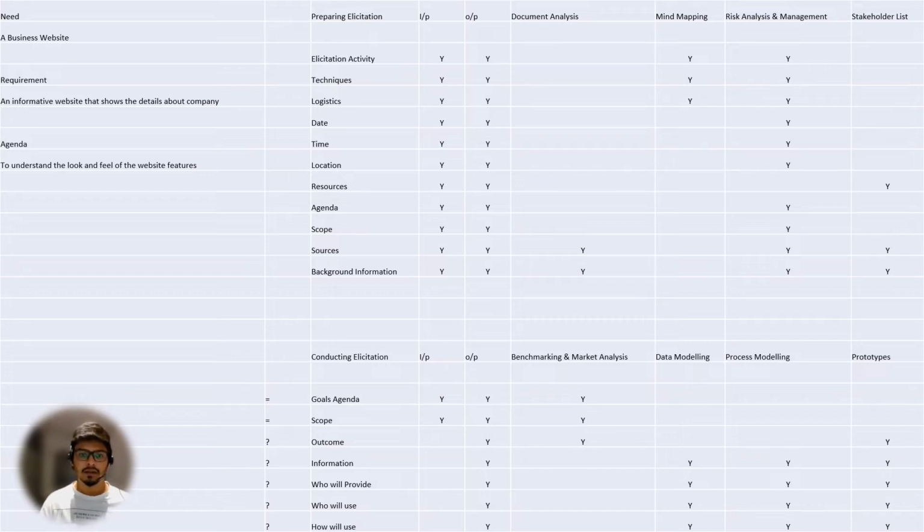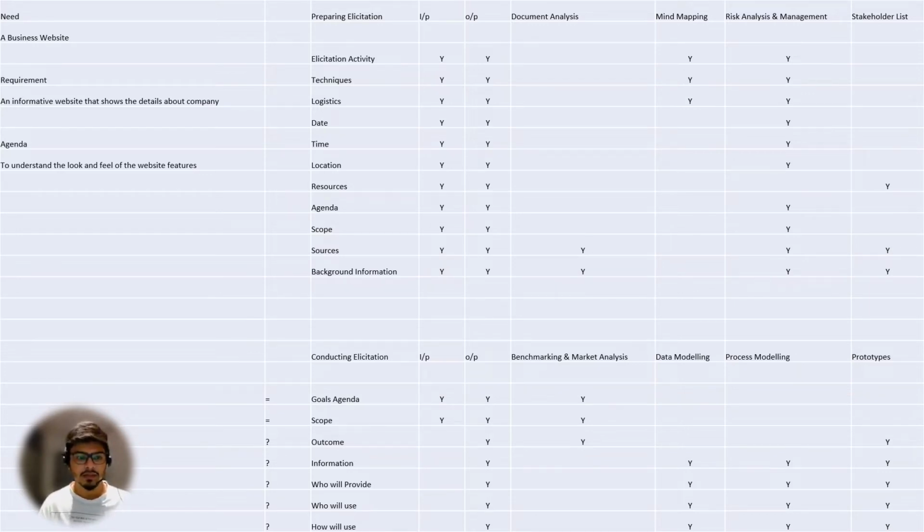Now coming to prepare elicitation activity, the things you need to gather at your side before you conduct an elicitation are the elicitation activity, what kind of activity you're gonna work with, the techniques you're gonna choose, the logistics, date, time, location, resources, agenda, scope, sources, and background information. Let's look at each of them in detail now.